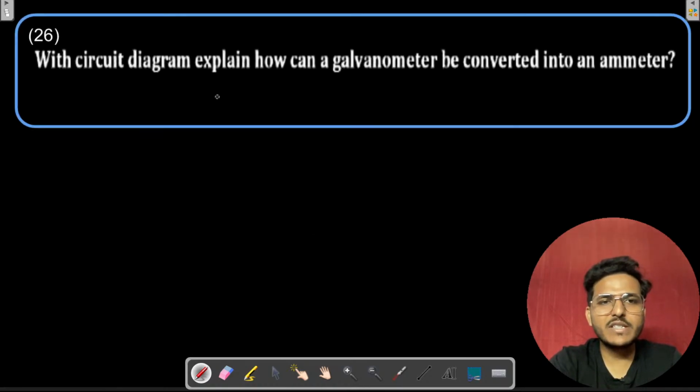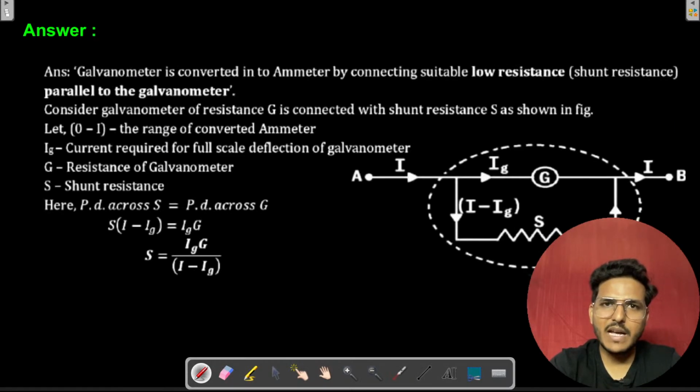Which circuit diagram explains how a galvanometer can be converted into an ammeter? Someone asked this question yesterday in a doubt.